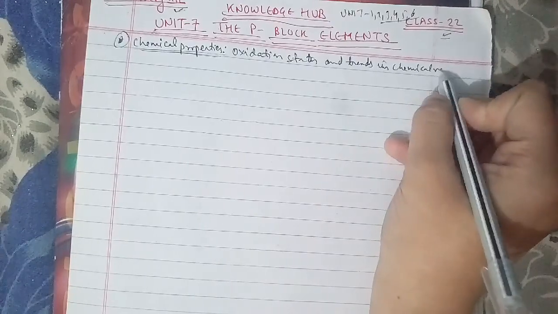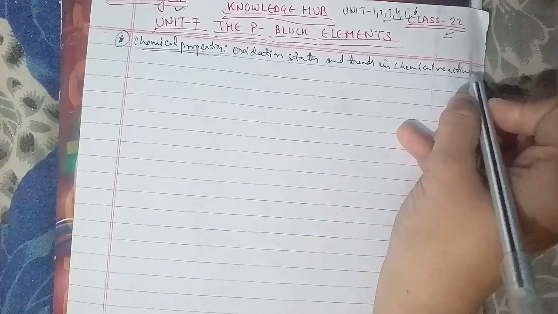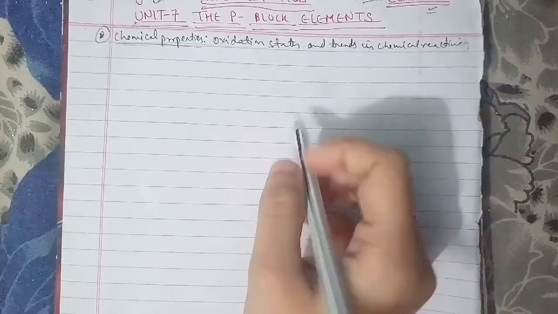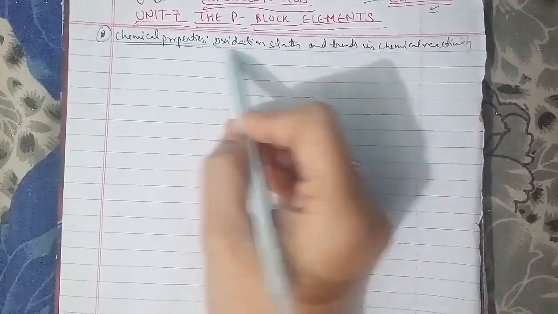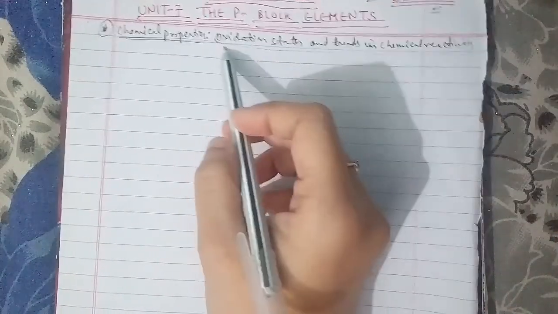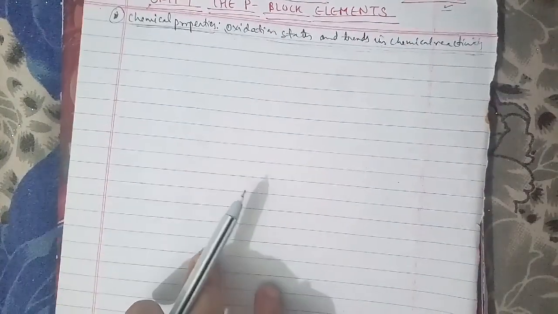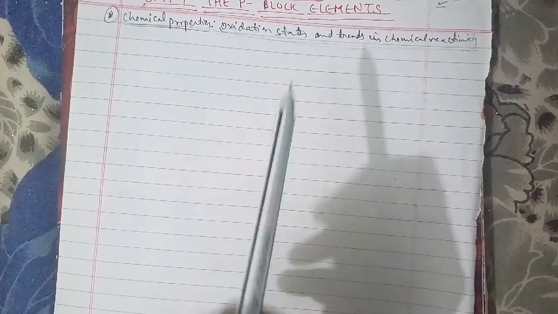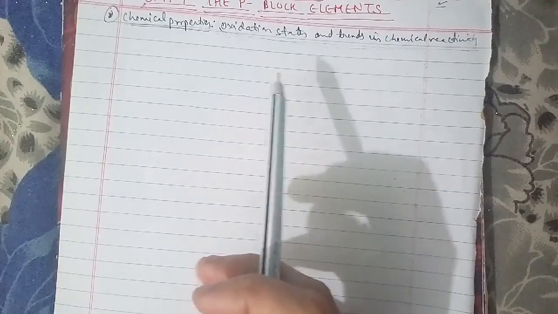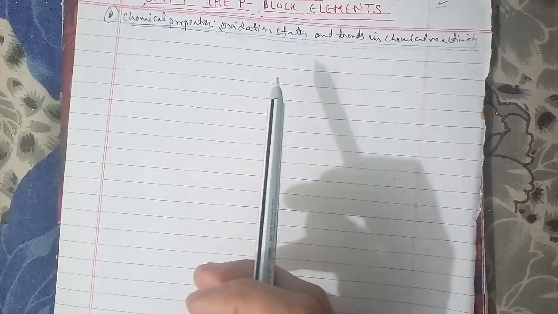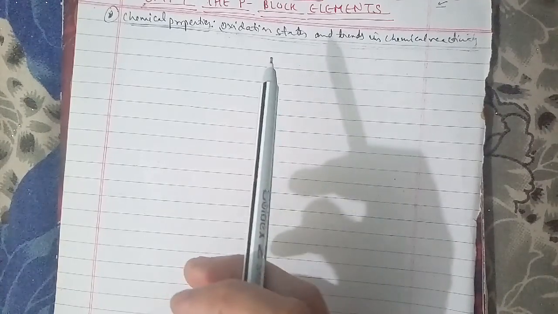So in terms of oxidation states and trends in chemical reactivity, all the halogens exhibit the -1 oxidation state, however chlorine, bromine and iodine also exhibit +1, +3, +5 and +7 oxidation states, as explained below.